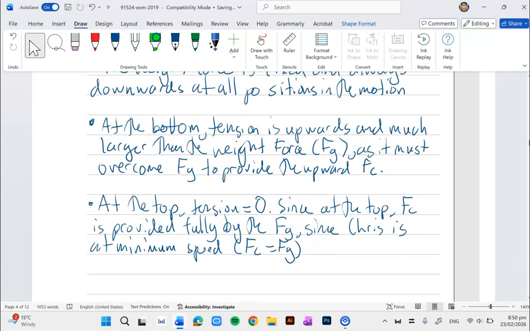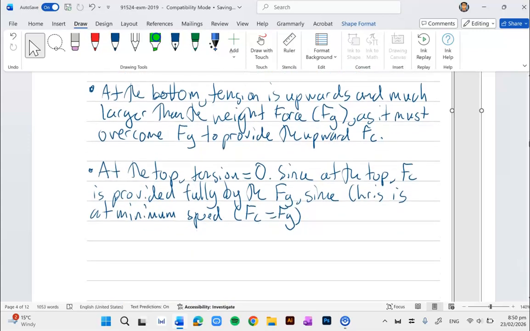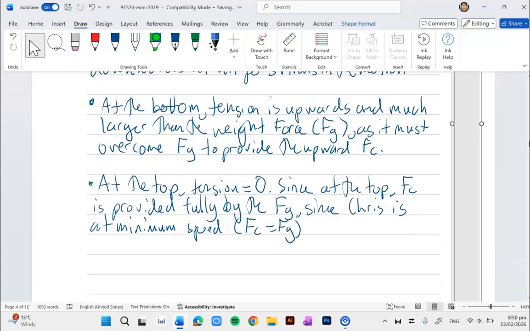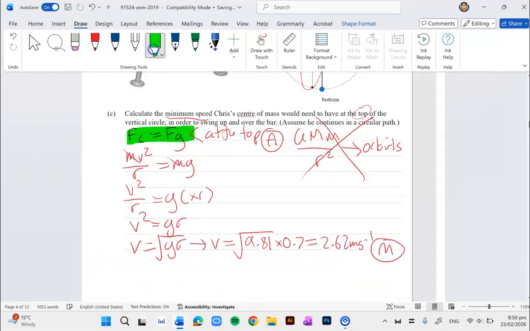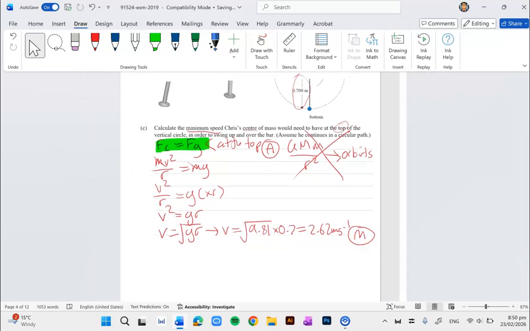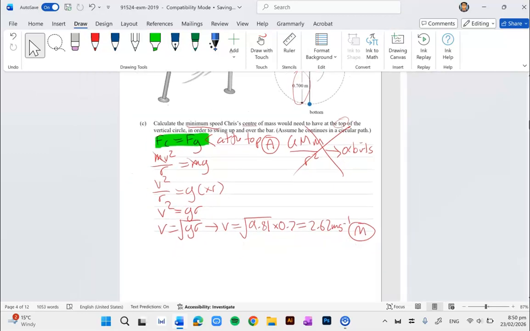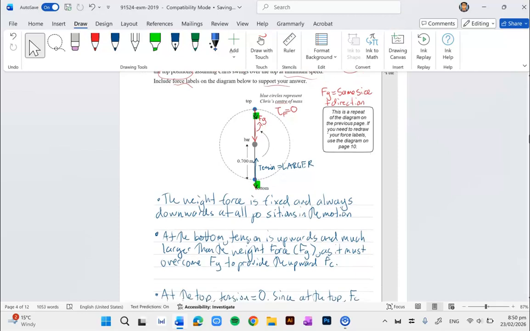So we've drawn that on our diagram. And at the top, tension is 0 because Fc is completely provided by the gravity force, since Chris is at the minimum speed, which is this equation that we also used up here, so you can see there's that link between the two questions. So if you don't know what to do, sometimes it's a good idea to look at previous questions for hints.